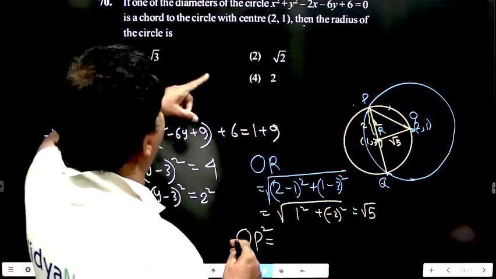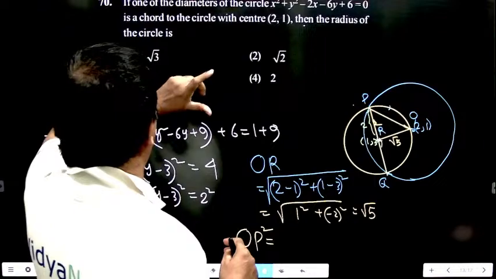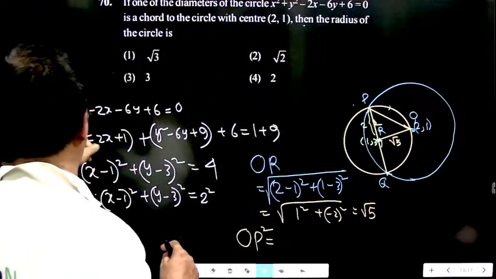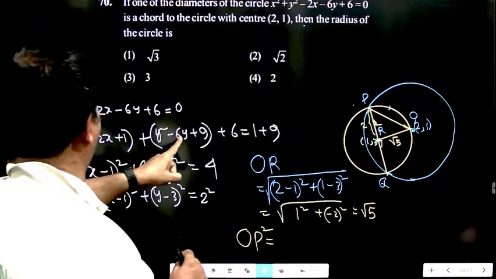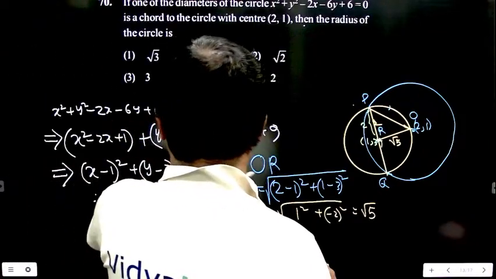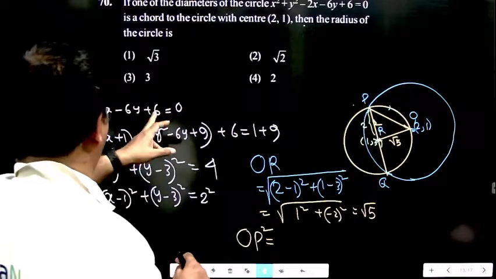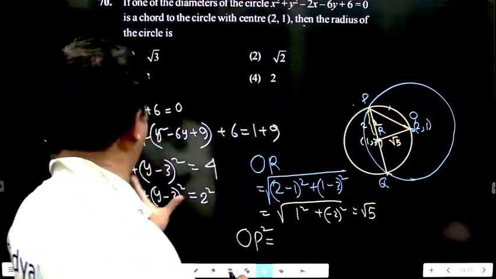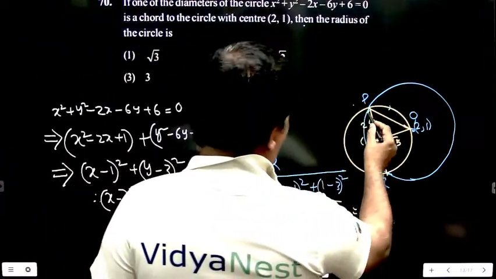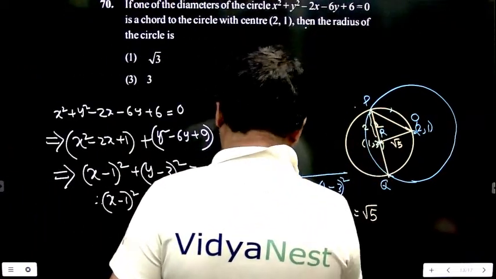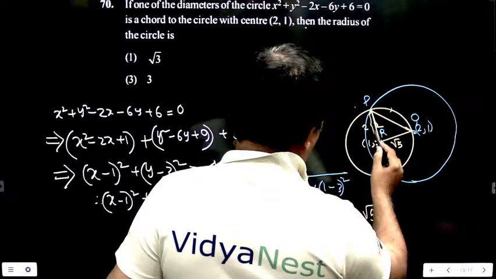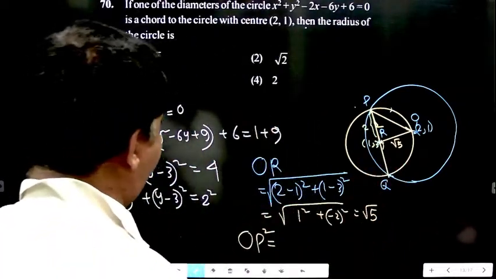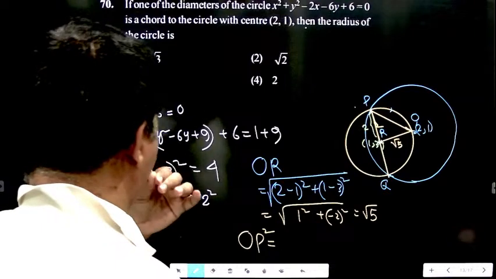I think there is some problem in this. One of the diameters of this circle: x square minus 2x plus 1, y square minus 6y plus 9 is required. But we had 6. 1 plus 9, 1 plus 9. So this is the balanced equation. This length is 2 and this length is root 5.